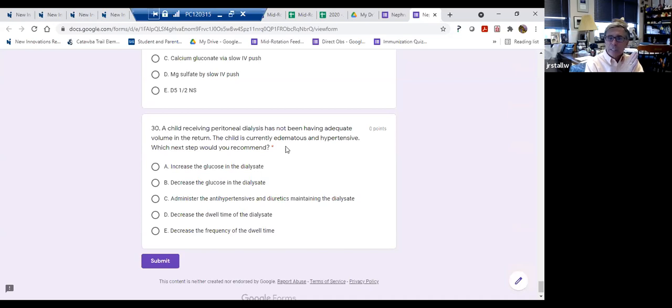Hence, it's going to lead to hypervolemia, hypertension, and or leaking into the third space, edema. So it's classic that this patient is overhydrated and they've got renal failure, they're on dialysis. They're not peeing to get rid of their salt and water. And there's something not working right of helping get rid of that extra volume they have.